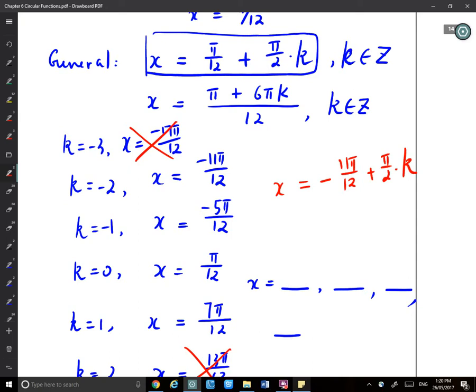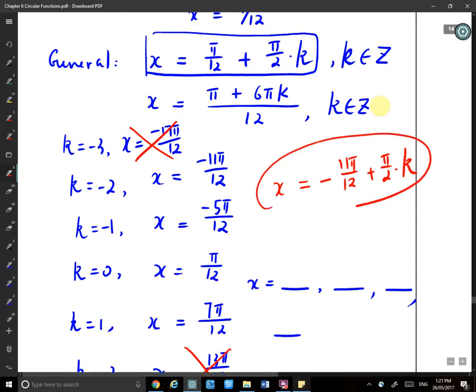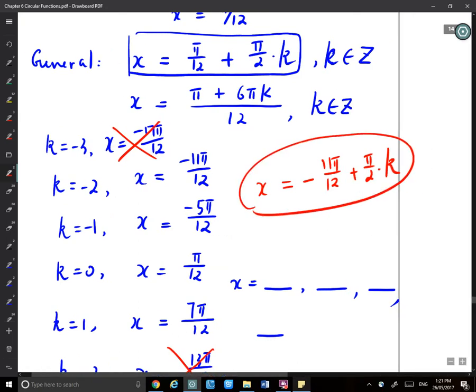In short answer questions, it doesn't matter, whatever you write is correct. But in multiple choice, you must choose the correct one. Therefore, you need to adjust your answer, add or subtract the period to match the options. So that can be my general solution as well.